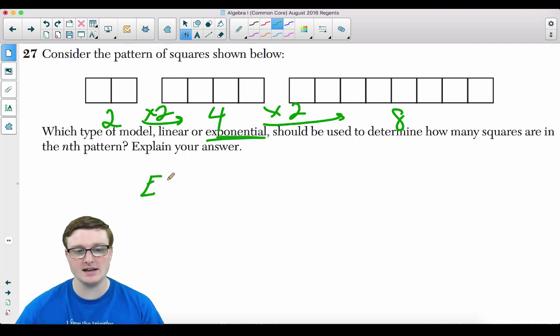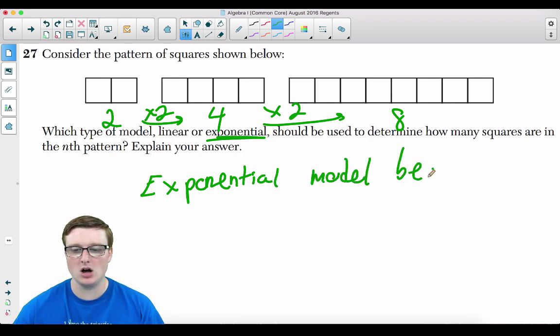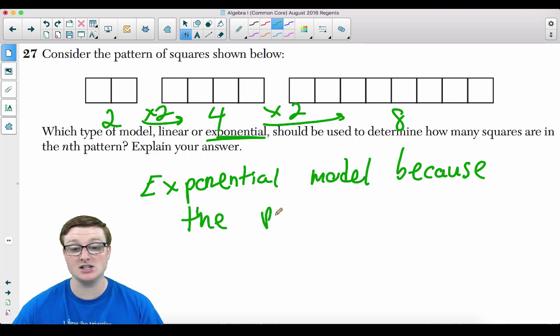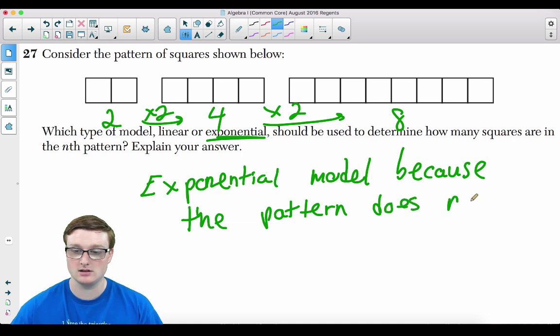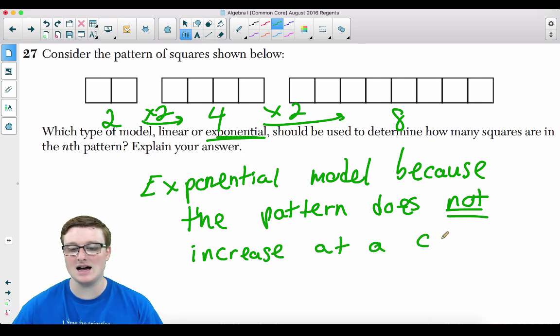So we are going to say that our answer is an exponential model, because this is showing a pattern, and the pattern does not increase at a constant rate.